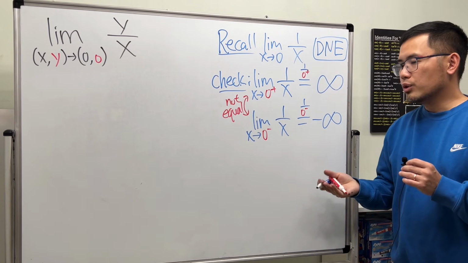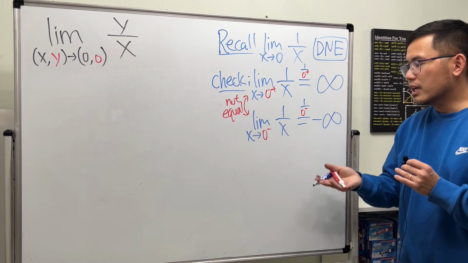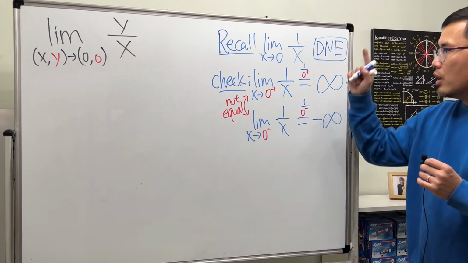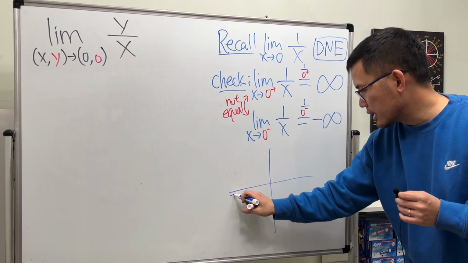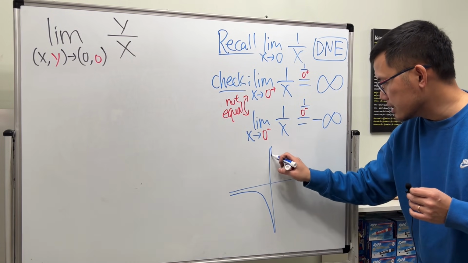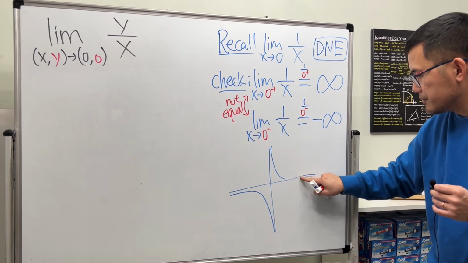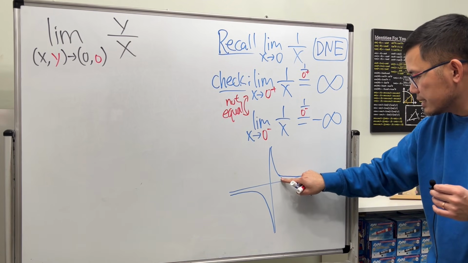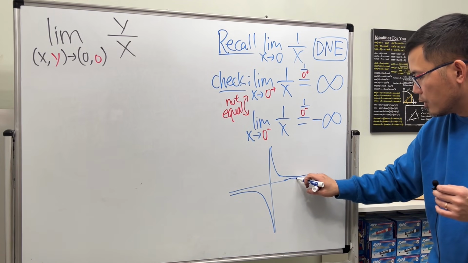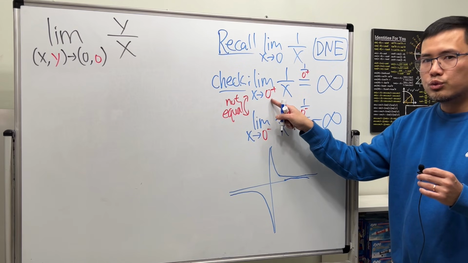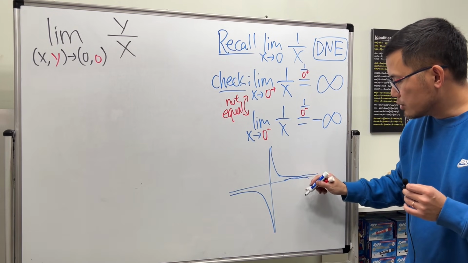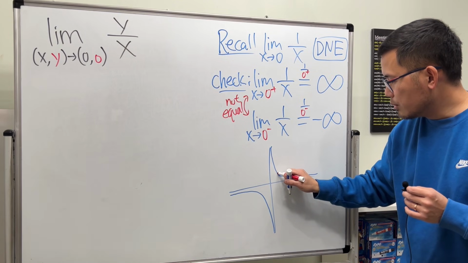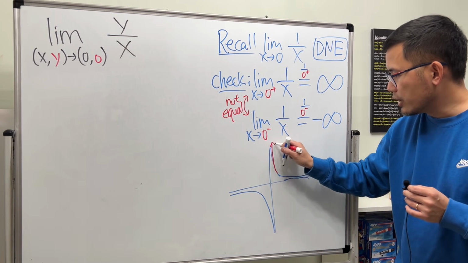So this is how we can do it computationally. And now let's look at a picture to see what's going on. Right here, we are talking about the function 1 over x. So it looks like this and that. Firstly though, when x is approaching 0 from the positive direction, that means you can use your right finger right here and you're just going towards 0 and you see that the curve goes straight up, right?